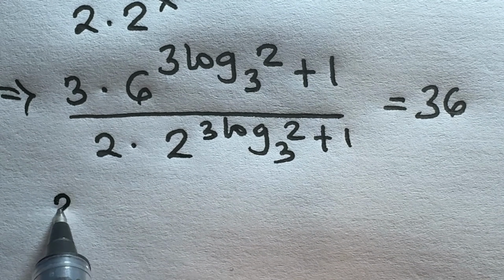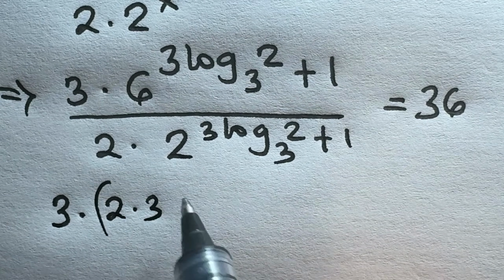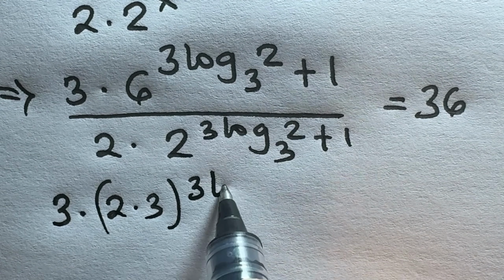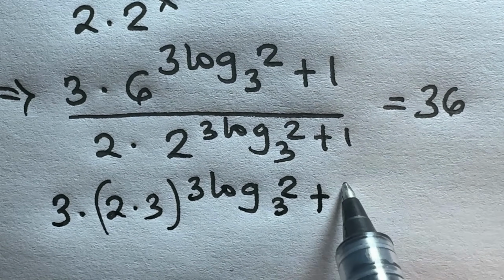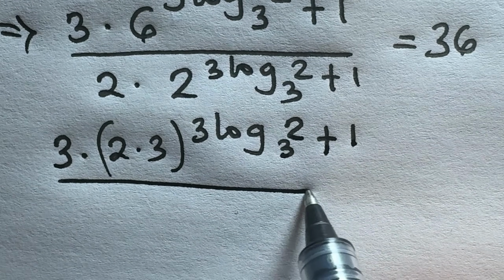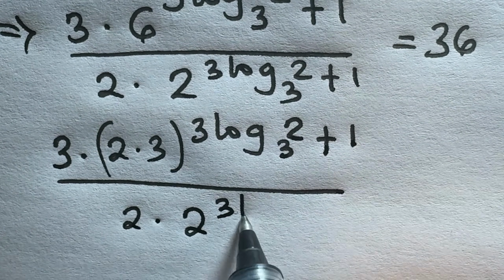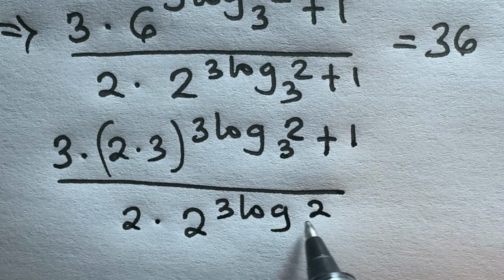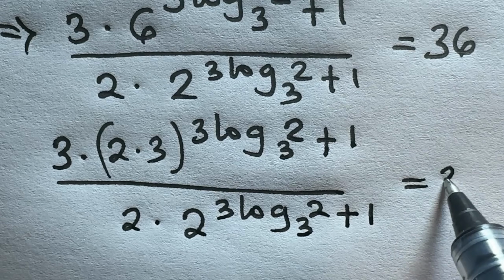This will give us 3 times 2 times 3 raised to power 3 log 2 base 3 plus 1, then divided by 2 times 2 raised to power 3 log 2 base 3 plus 1 to give us 36.